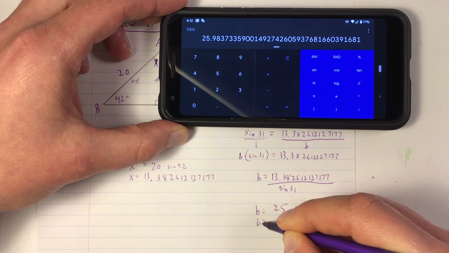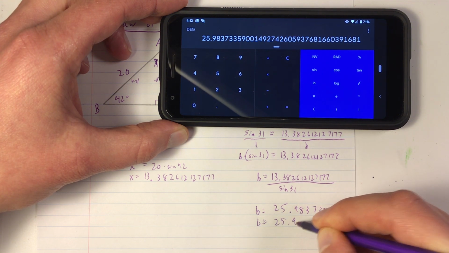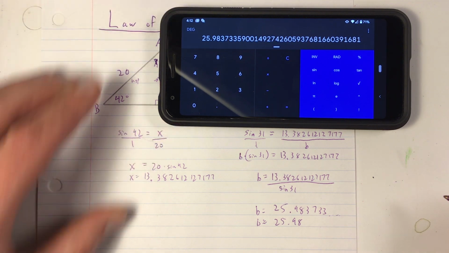And we'll just round it to 25.98. There we go.